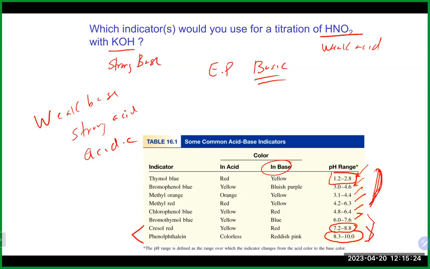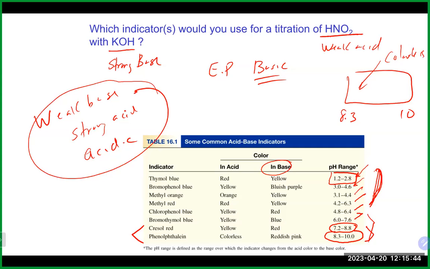So you definitely want to make sure you choose one where you can actually see the color change around the equivalence point. Just like phenolphthalein, which at 8.3 to 10-ish is pretty much colorless in this range. So there is no color, which means if you did this titration where the equivalence point is acidic, you're really not going to see a color.